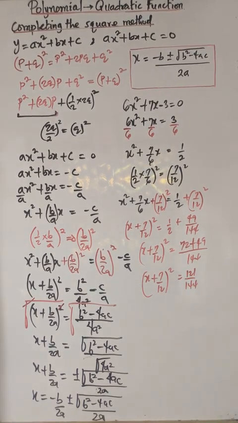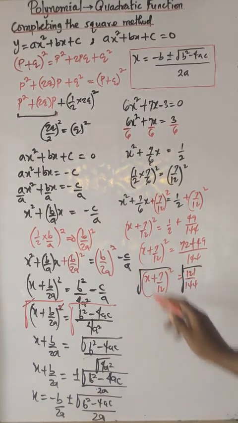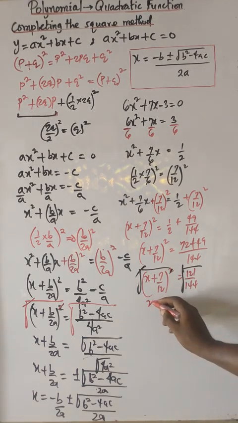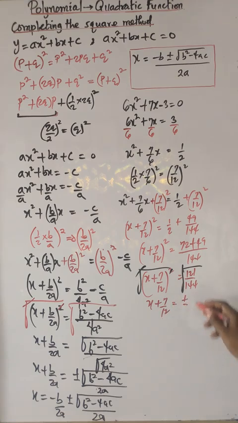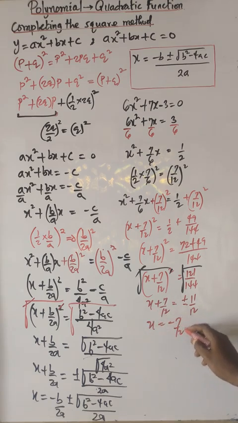What next? We want to get the value of x, so we have to remove the square. Then we have to take the square root of both sides. Then this takes this away. So we have x plus 7 over 12 equals plus or minus 11 over 12. So to get x, we bring this one to the other side. So x becomes minus 7 over 12 plus or minus 11 over 12.